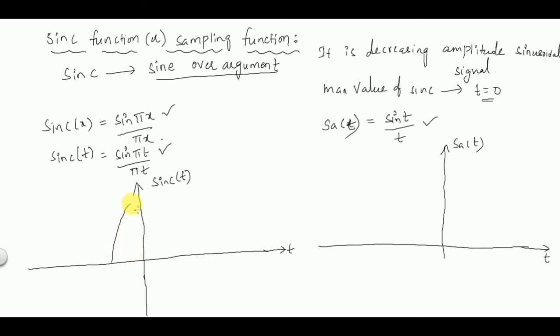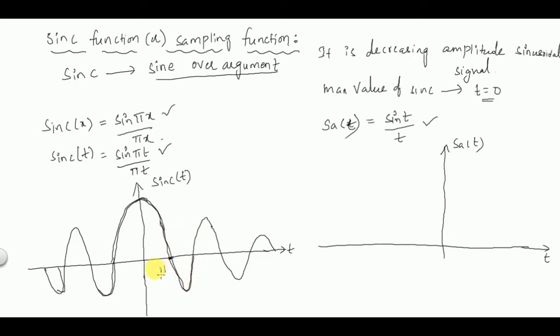So maximum amplitude is available at t is equal to 0. Similarly, on the negative side also we'll get the same. So this is how it is going to decrease in amplitude. The curvature must be smooth. So this is the sinc function.